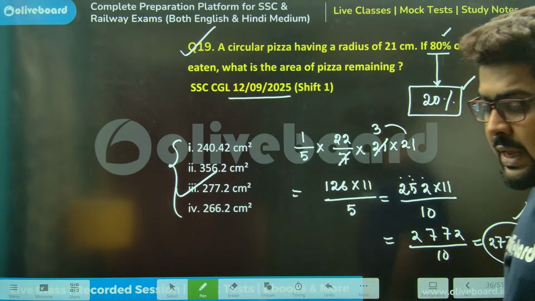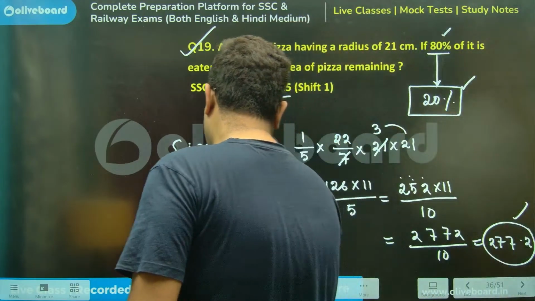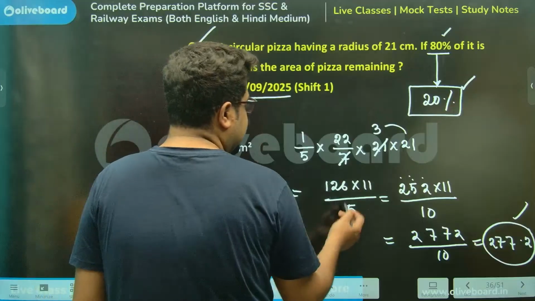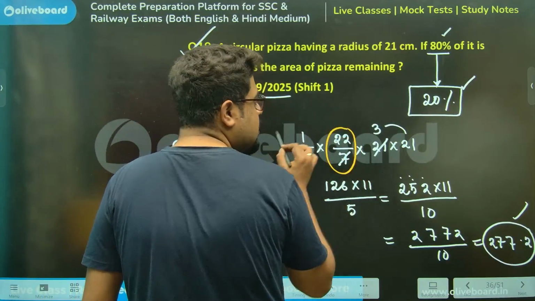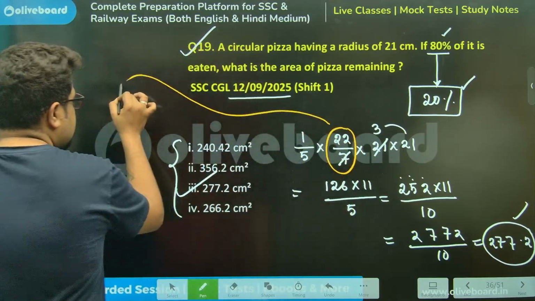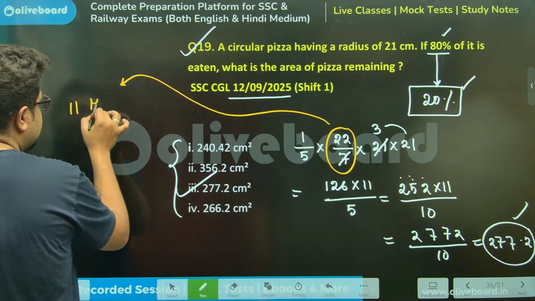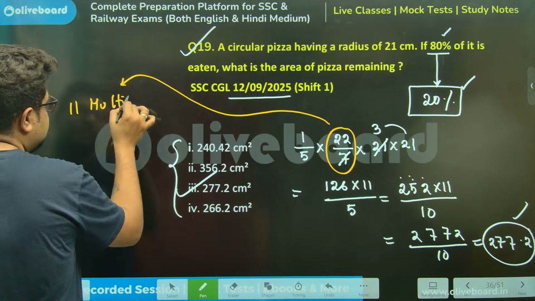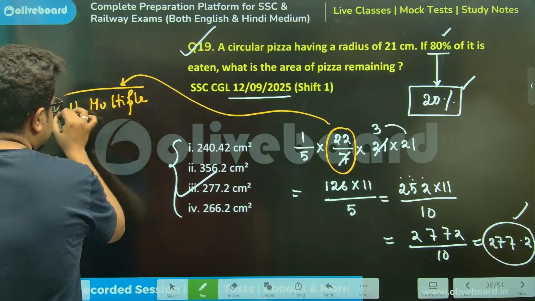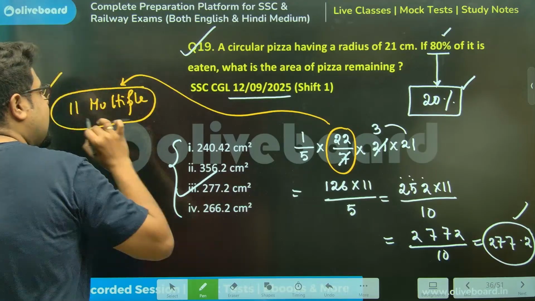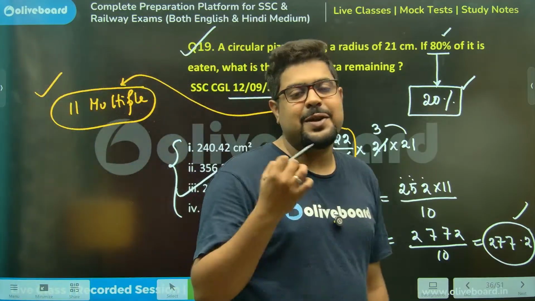Now, you might say, sir, you are taking 22 by 7. The shortcut is we could have checked for multiples of 11 as well. But I've already thought about that.